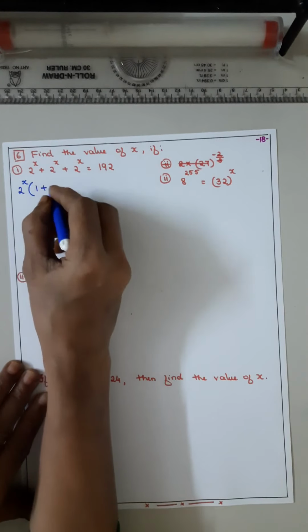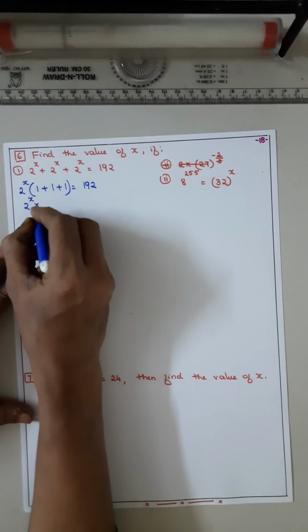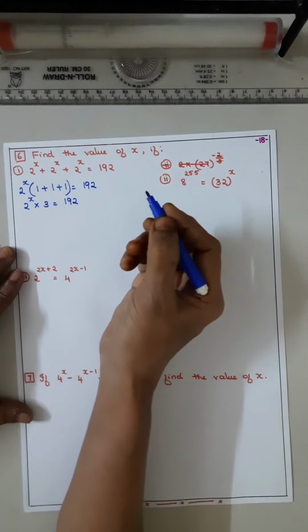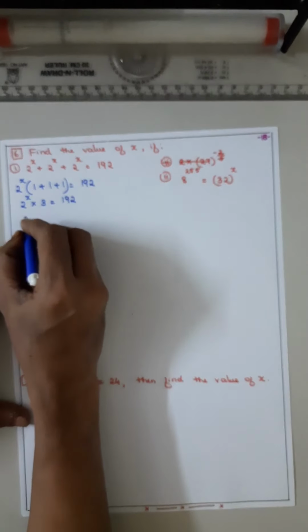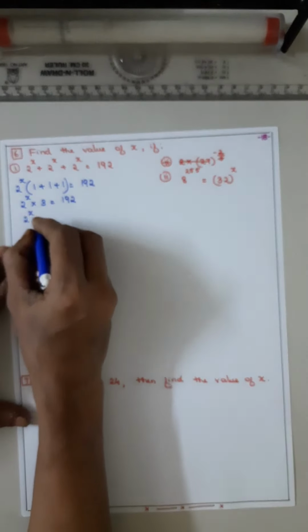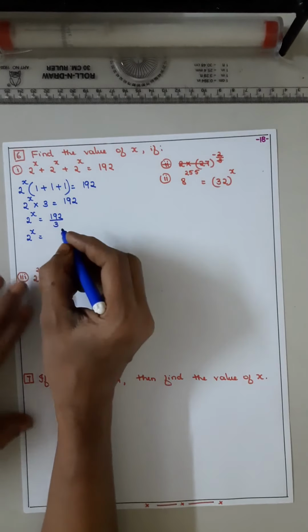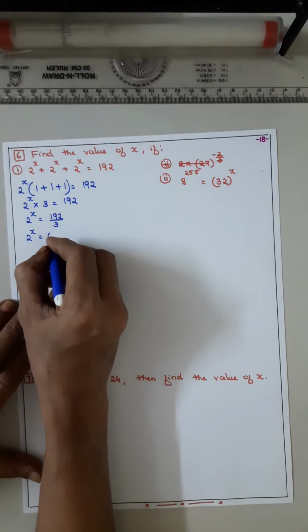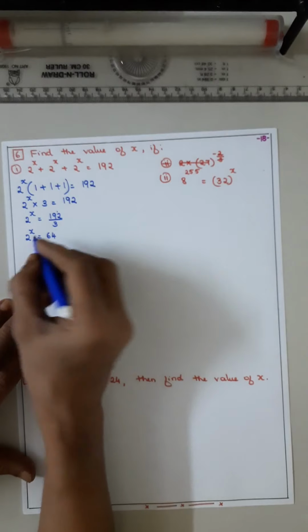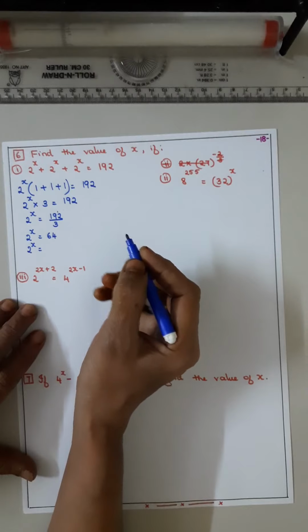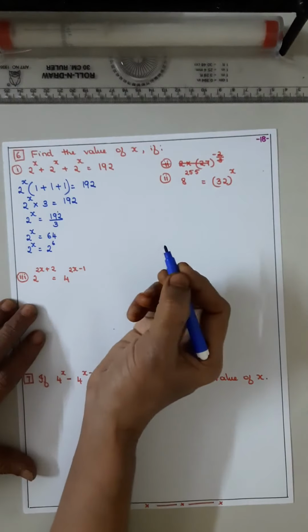That is 2 to the power x into 1 plus 1 plus 1 is 3, 192. That is 2 to the power x is equal to 192 upon 3. That means 2 to the power x is equal to 3 6s are 18, 1 remains, 3 4s are 12. That means 2 to the power x is equal to 64, which is 2 to the power 6.